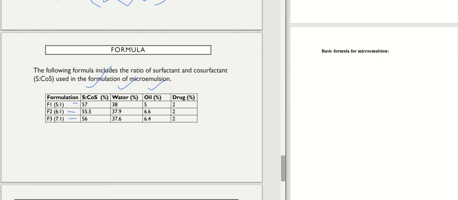All these parts should be 57% of the total formula. Understood? Here we are checking the stability of a formulation by considering different concentrations of surfactants and co-surfactants. And at the end, the surfactant co-surfactant concentrations should be in this range.